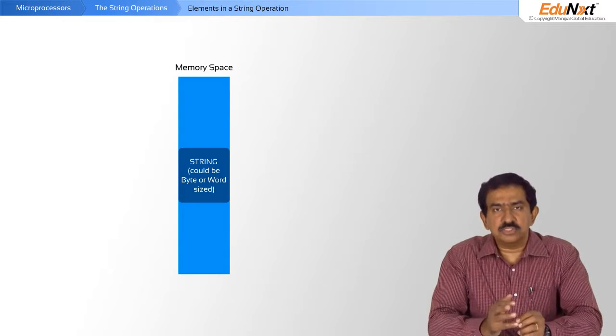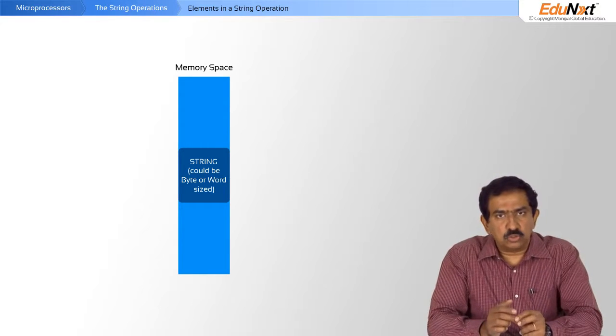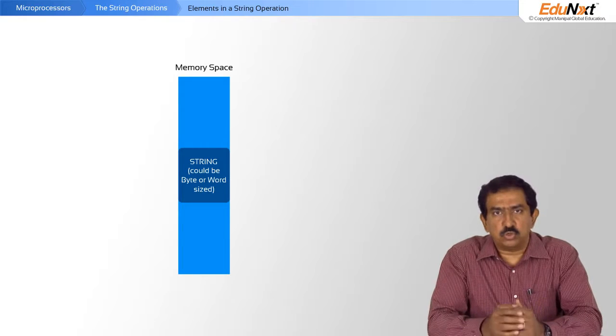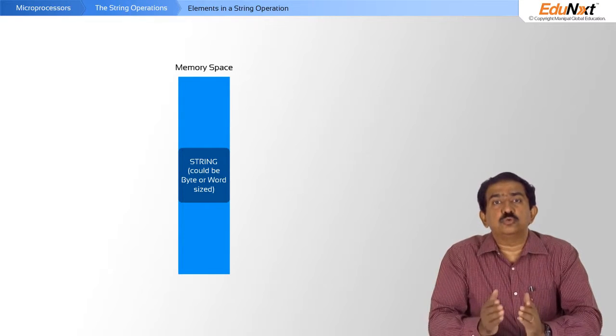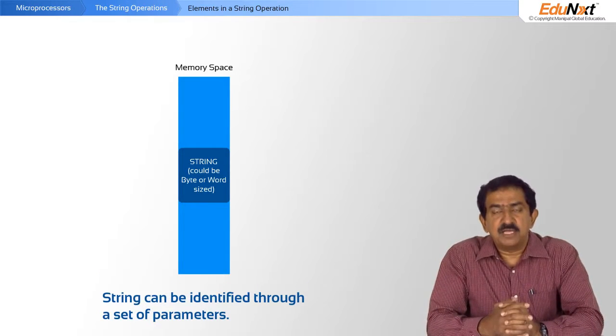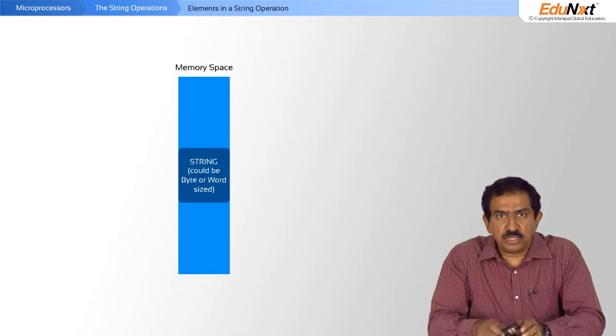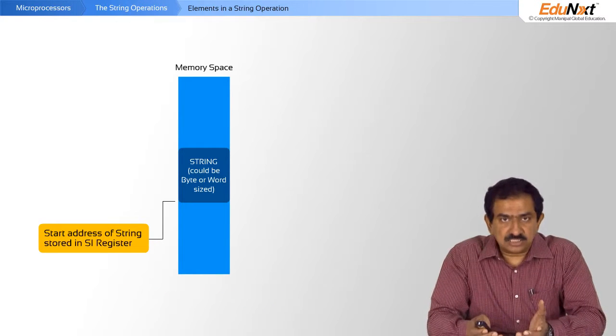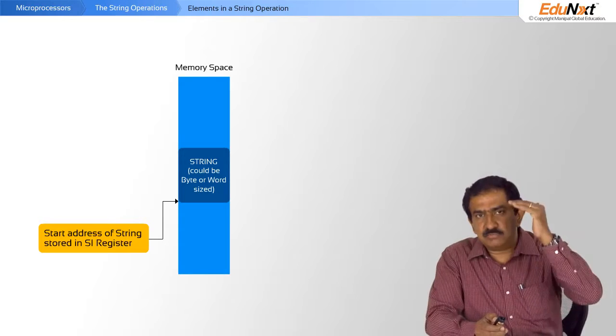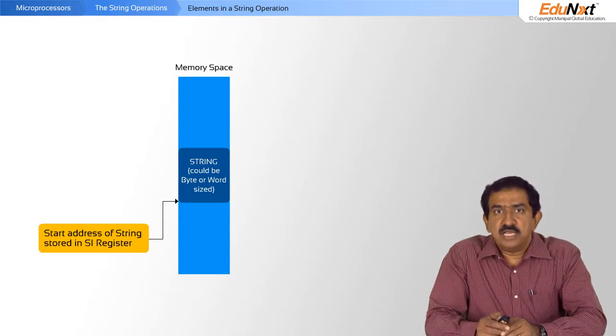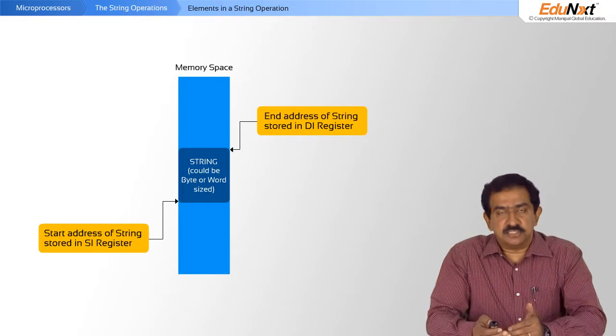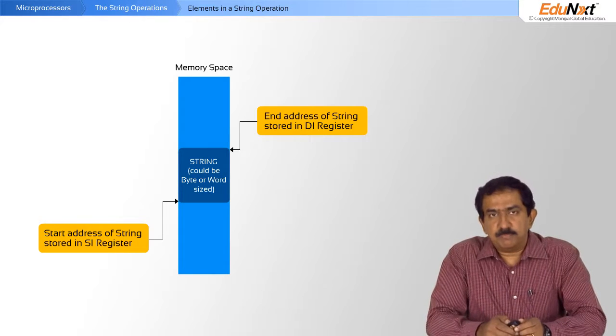You need to know the house number, the street number, the street name, the locality name, the city, the pin code, etc. Similarly, you need to identify a string through a set of parameters. The first one is obviously the start address of the string. Where exactly in memory does the string begin? The second one is the end address. Where does it stop?